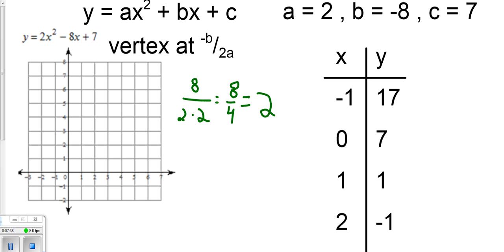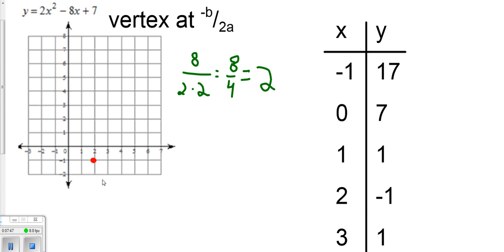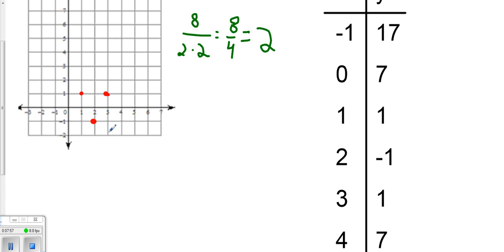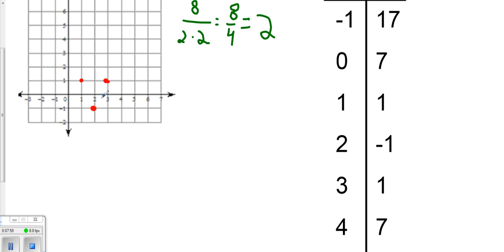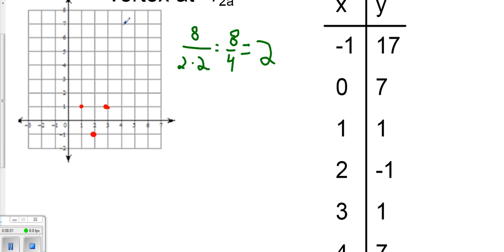If we were to plot these points then, our vertex is at 2, negative 1. Here's that corner piece. 1 bigger, 3, would be up at 1. And 1 would be up at positive 1. 4 would be over here at 7. 0 would be up at 7.